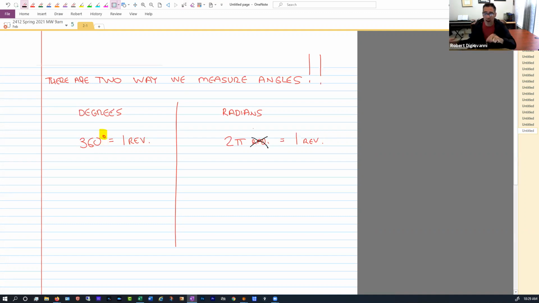I've been writing rad down for radians, but I want you to know that if somebody gives you a number and they do not put the degree symbol next to it, then you must assume it's a radian. Okay? So if I write this down, hey, show me that angle, 90. Do not show me a right angle, because I didn't say 90 degrees. I said 90, and 90 means 90 radians. Does that make sense? All right.